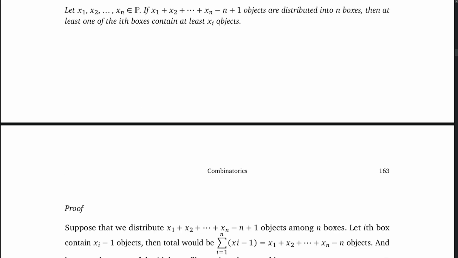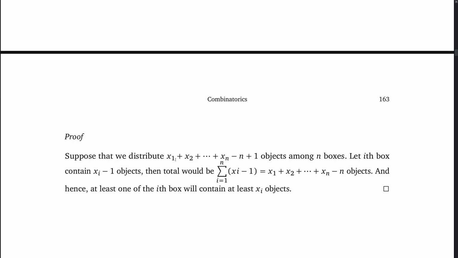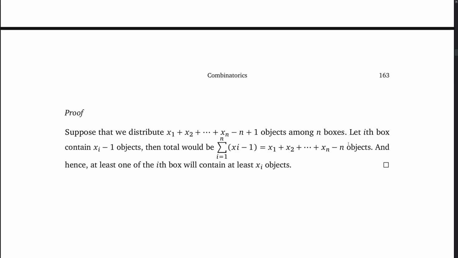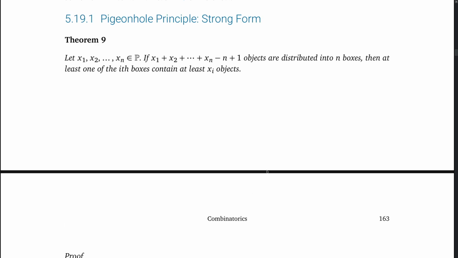Suppose that we have x1 plus x2 through xn minus n plus 1 objects among n boxes. Let the ith box contain xi minus 1 objects, then the total would be the sum of (xi minus 1), which is equal to x1 plus x2 through xn minus n objects, and hence at least one of the ith boxes will contain at least xi objects.